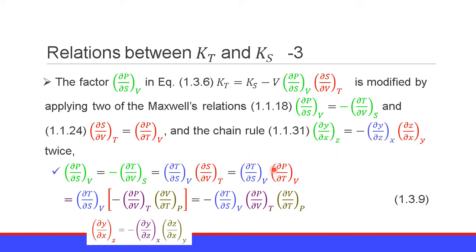This red term becomes minus ∂P/∂V at T times ∂V/∂T at P.